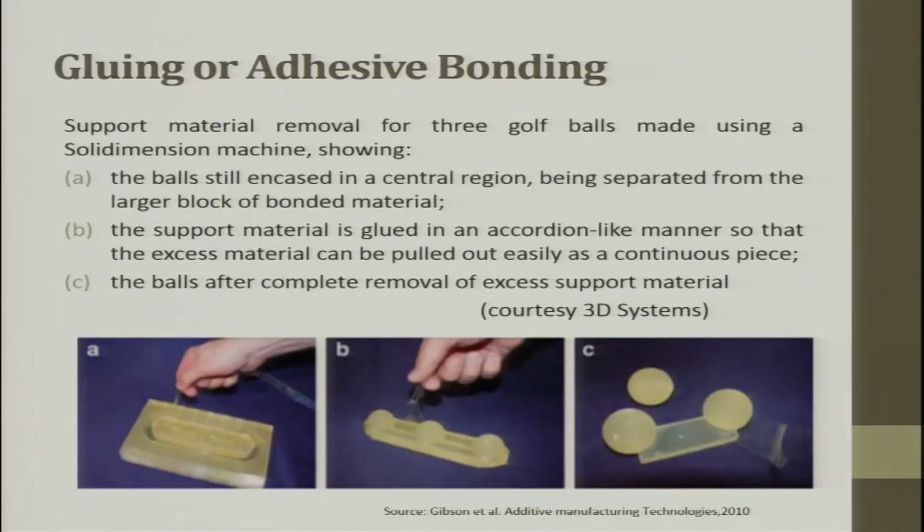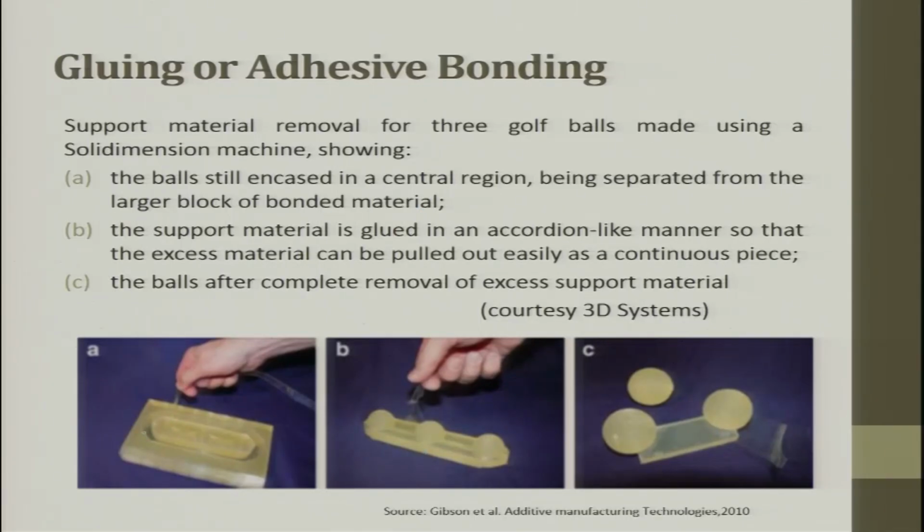So, you can see, look at it. Supporting material removal for 3 golf balls made using a Solidimension machine is shown. The ball is still encased in a certain region, being separated from the large block of bonded material.